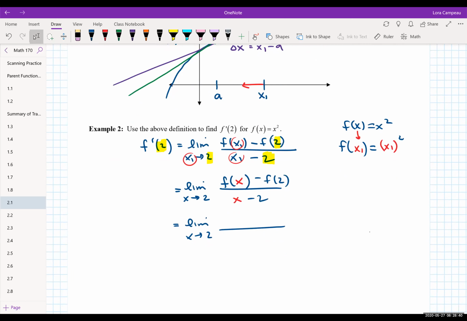You'll notice that we had the f of x was x squared. So we can plug that in right away. And actually we know f of 2, which gives us 2 squared is 4. Still in the denominator, we have x minus 2.